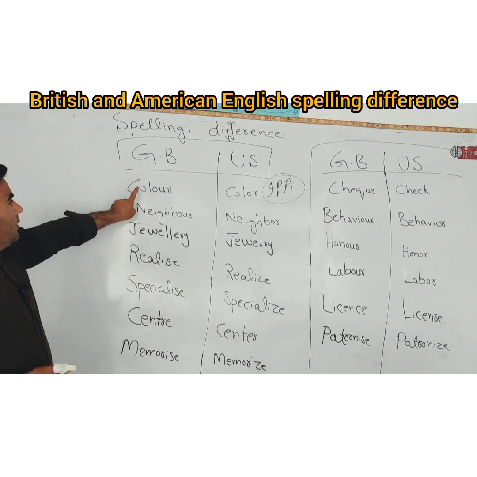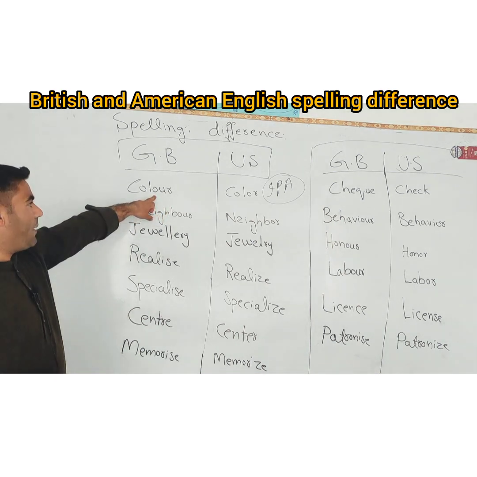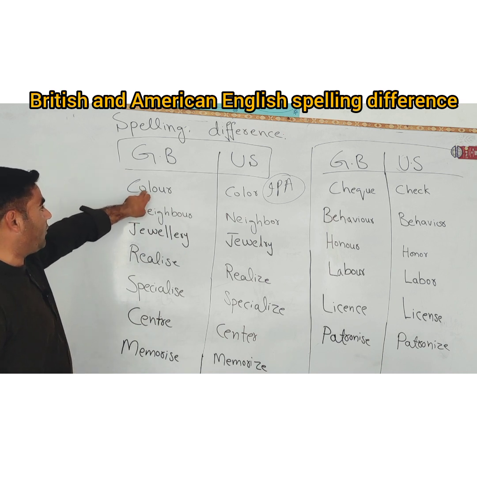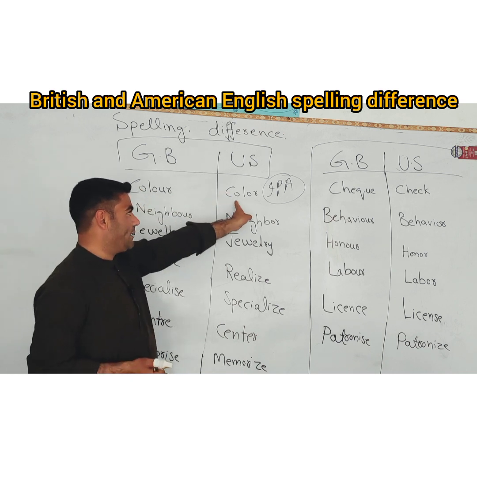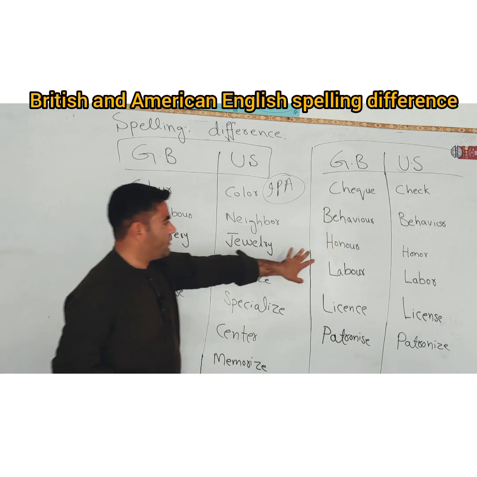In British English, when O-U-R comes at the end, American just has O-R. Like colour, C-O-L-O-U-R, and color, C-O-L-O-R. The same is the case with honour.